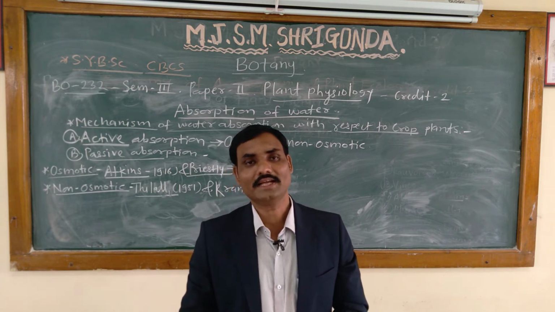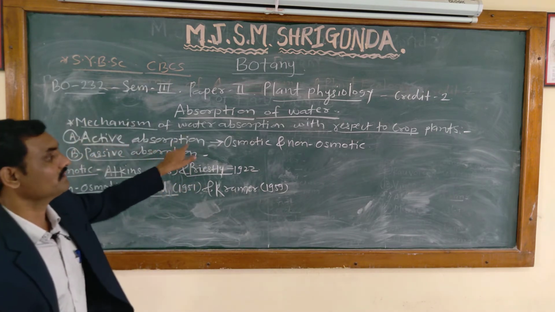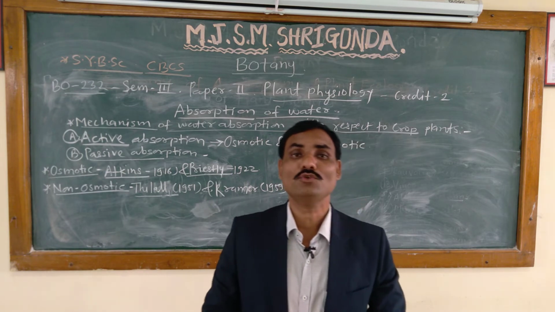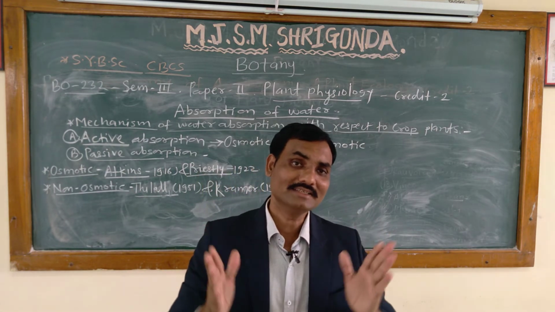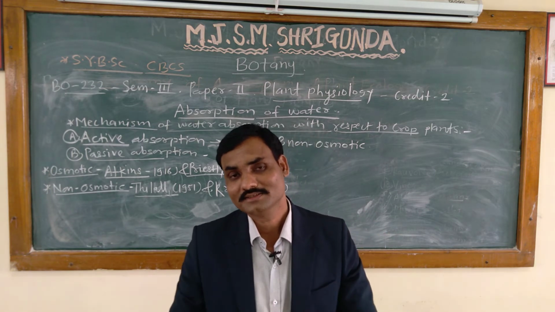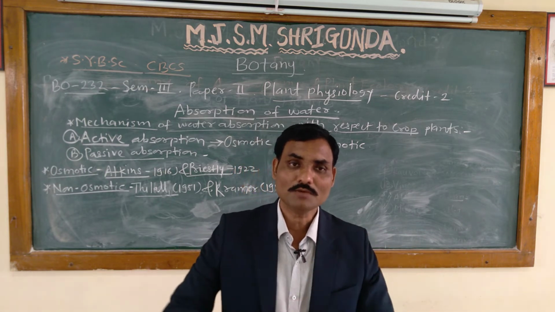First approach is the active absorption. And second approach is passive absorption. In the last video, we have studied what is active absorption, what is passive absorption, what is the difference between active and passive absorption.